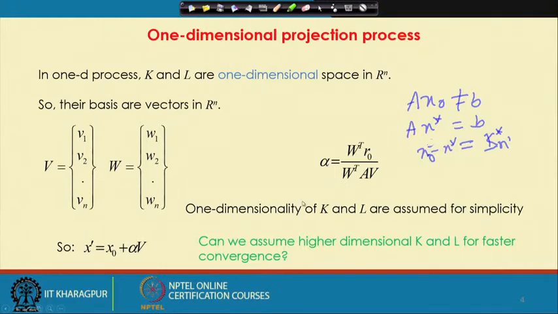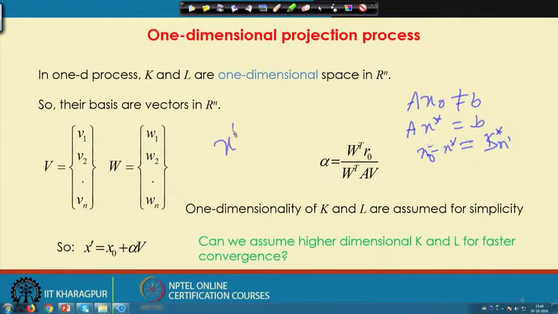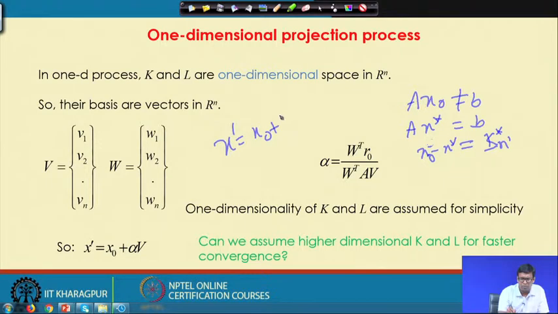If it is a higher dimensional vector, alpha is not a scalar, but rather we will get that x prime is equal to x 0 plus some matrix V into the vector y. Say n prime is the dimension of V, and y is again like a vector. So, y will have a number of elements, and I have to find out all the elements in y in that case.